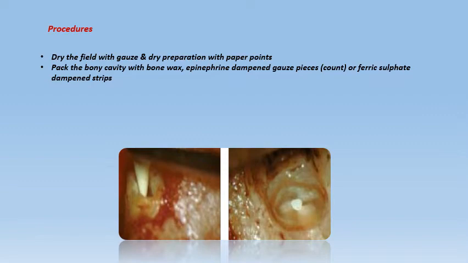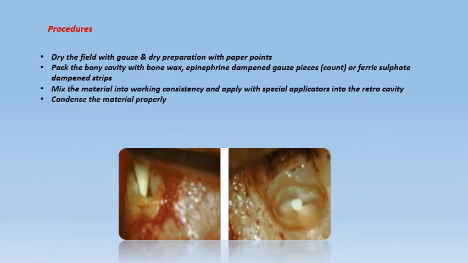So I should pack the bony cavity with either bone wax, epinephrine-dampened gauze, or ferric sulfate, for the purpose of, number one, hemostasis, preventing bleeding. Number two, preventing the root end filling material from scattering into the cavity.